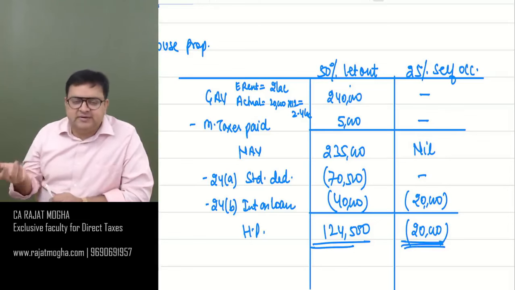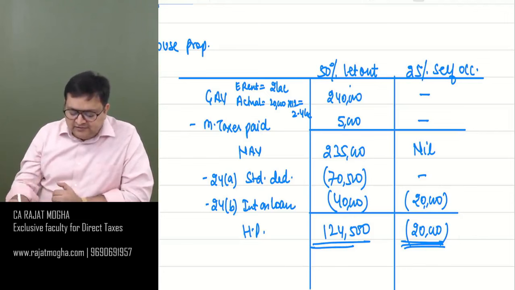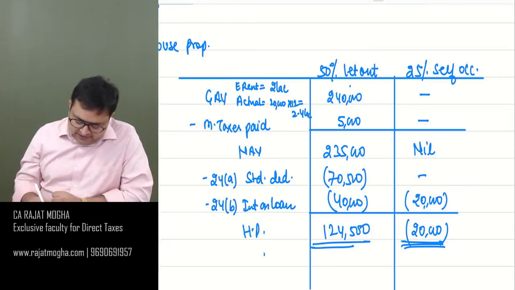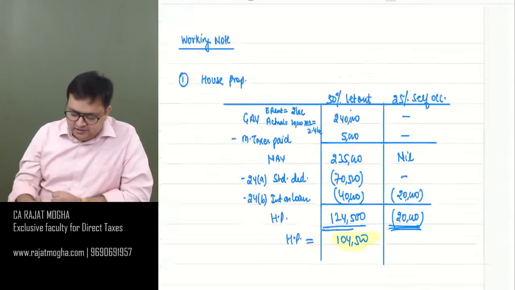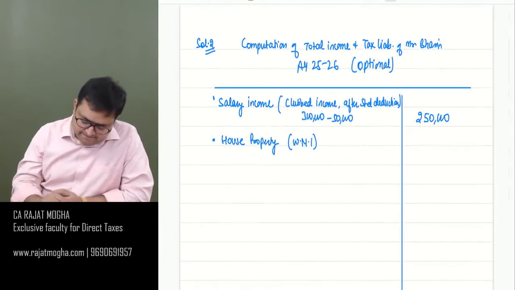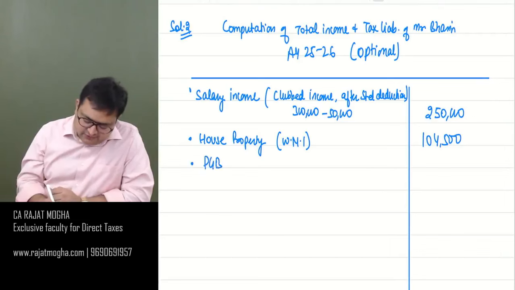House property one can be set off from house property two, no problem. Even in default regime, house property one can be set off from house property two, no problem. But obviously self-occupied property in default regime would be 0. So my house property total is 1,04,500. I'll take this to my main answer. One lakh 4,500.